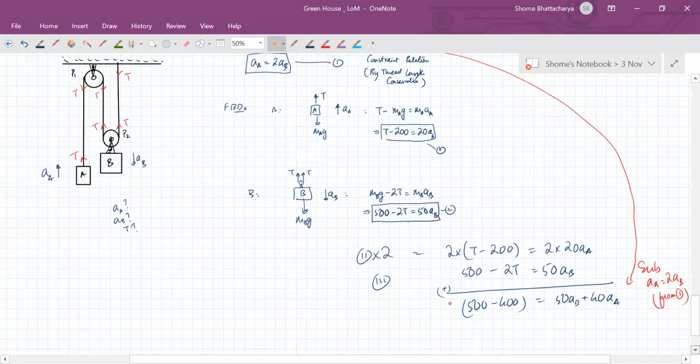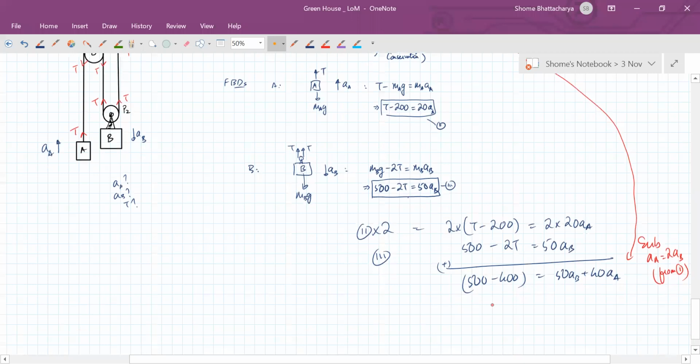So we'll simplify that. We'll get 100 on this side is equal to 50 times AB plus 40 into 2, so that is 80 times AB. So that is 130 times AB.